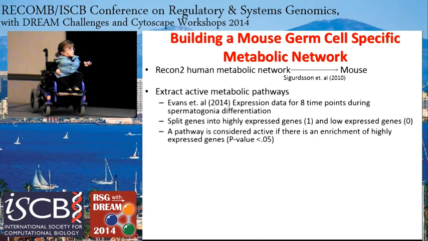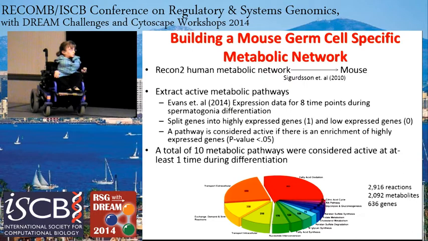Then we deemed a pathway potentially active if there was a significant enrichment of highly expressed genes associated with the reactions in that particular pathway. When we did this, we found a total of 10 metabolic pathways were considered active at least one of these 8 time points during spermatogonial differentiation.